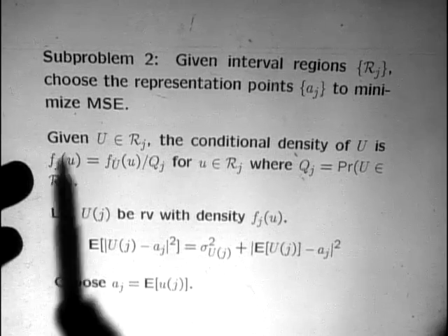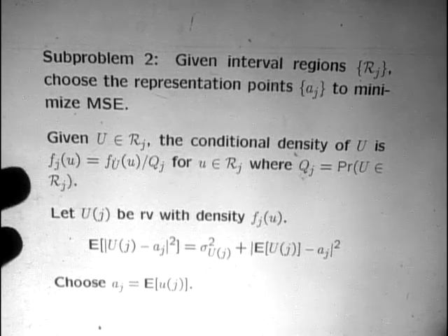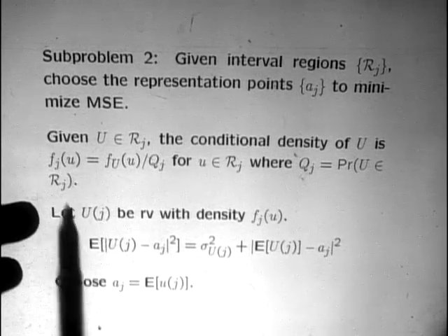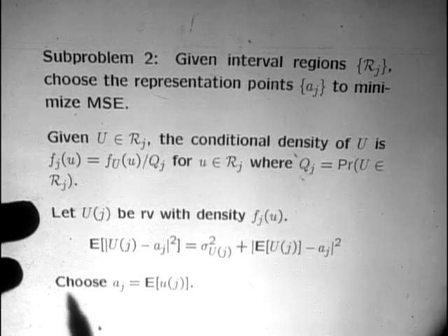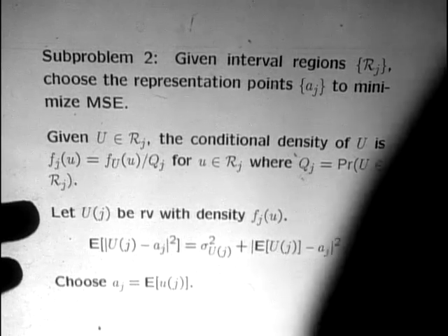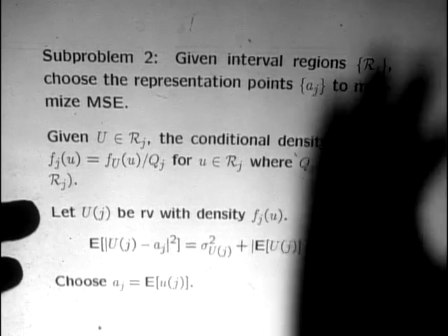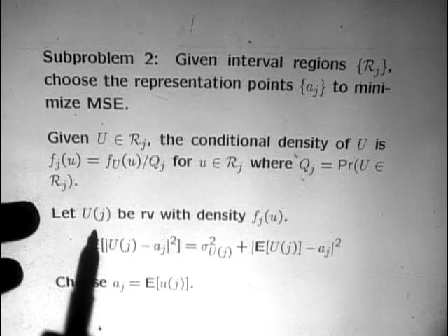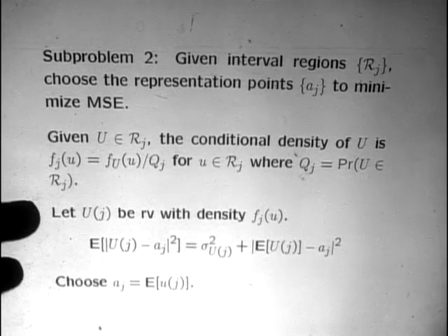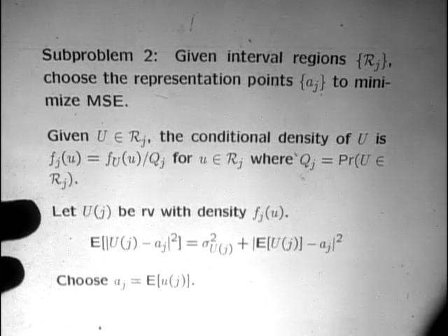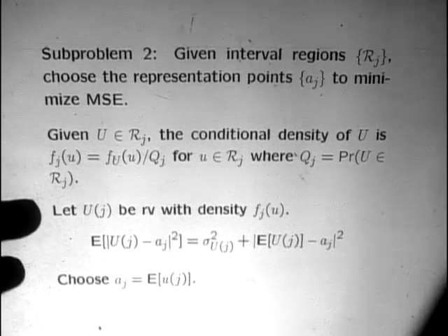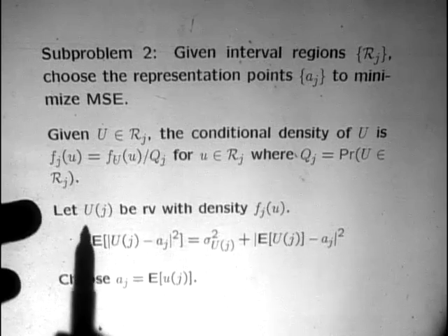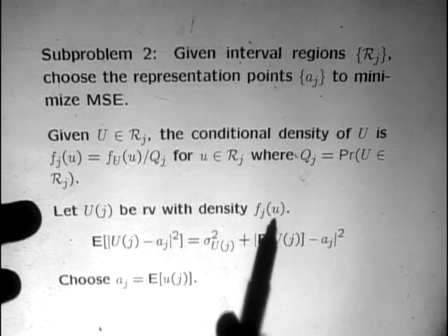I'll let u of j be the random variable which has this density. In other words, this isn't a random variable on the probability space that we started with. It's sort of a phony random variable, but it's the intuitive thing that you think of. This is exactly what you were thinking of. You probably wouldn't have called this a separate random variable, though. So this is a random variable with this density.